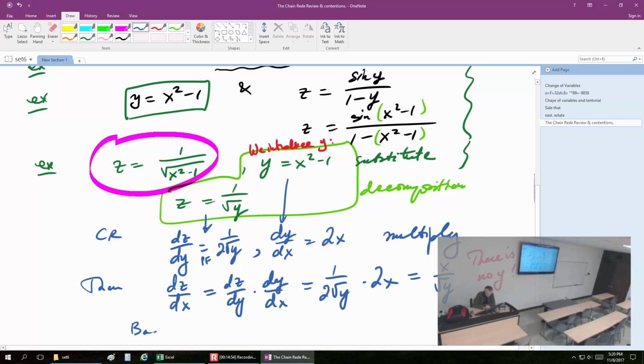It's called back substitution. All of this will reappear as we start integration. So back substitution is our choice of y, is what made it happen. So it will be x divided by square root of x squared minus 1.